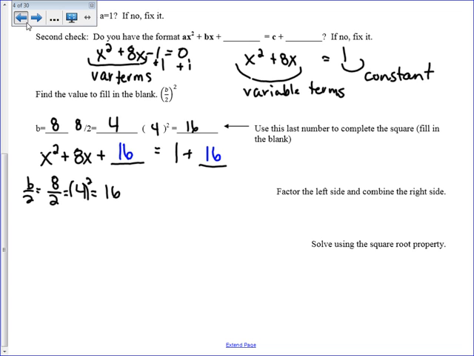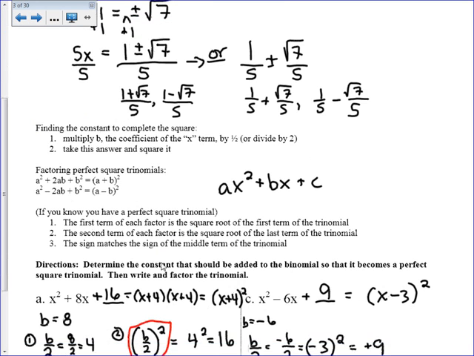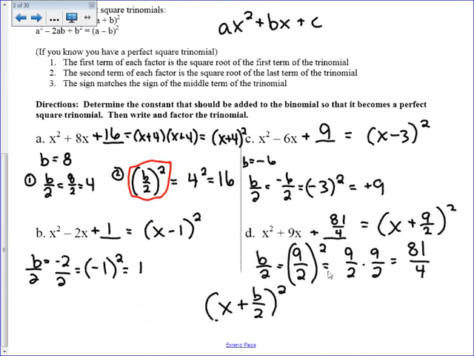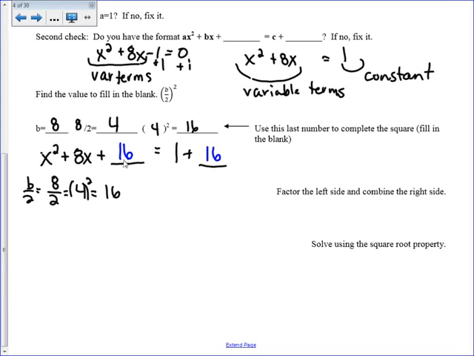So if you look back at, actually it should be down here, like d from last time, it was okay if we had a fraction. We just squared it and we could factor it from there. So if I had decided I need 16 on the left side to complete the square, to keep balance, I need a 16 on the right side as well. Any questions up to this point?